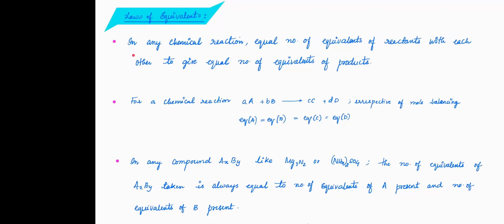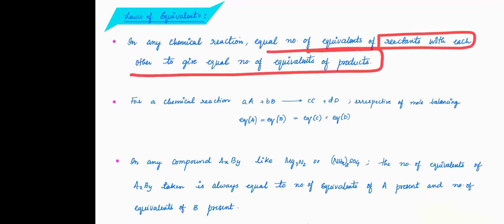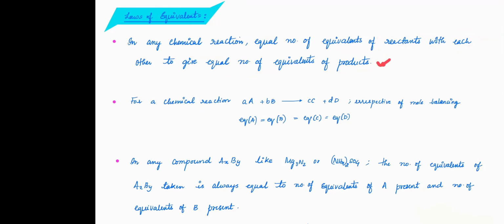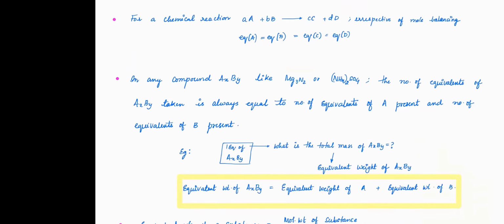So you can see in a chemical reaction, equal number of equivalents of reactants react with each other to give equal number of equivalents of products. In simple terms, suppose I take a reaction like A plus B gives C and D. The number of equivalents represents how much weight by equivalent weight a molecule, element or species would have.